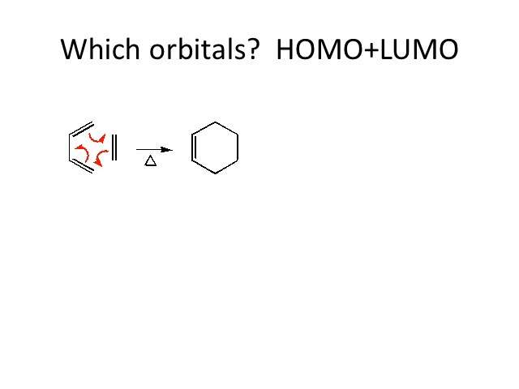But I didn't draw in any shadings, any phases on the p orbitals on the previous slide. What happens in a reaction is the highest occupied molecular orbital of one comes together with the lowest unoccupied of another. So, for instance, here's the highest occupied molecular orbital of my diene and the lowest unoccupied of my dienophile.